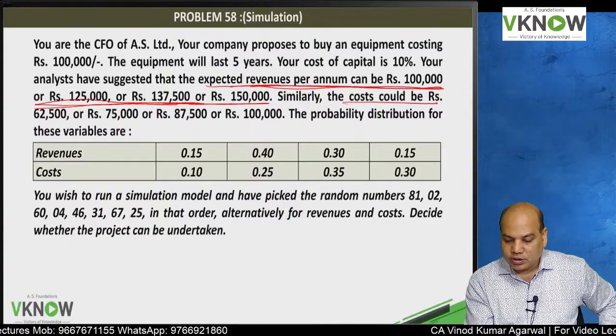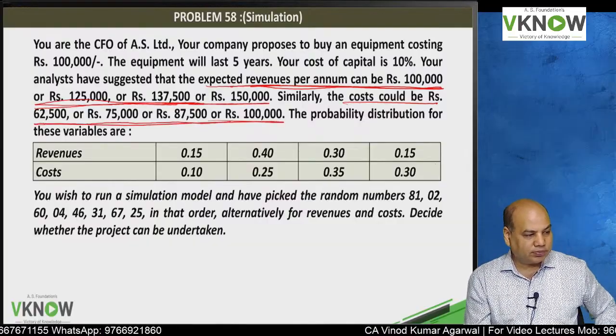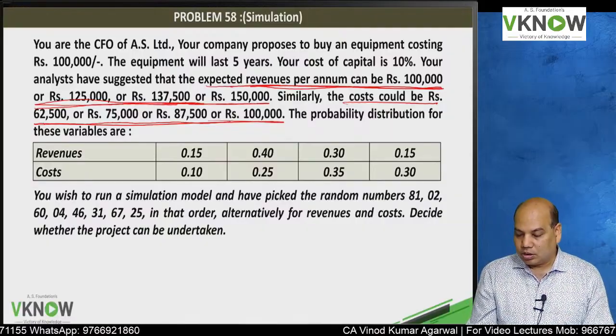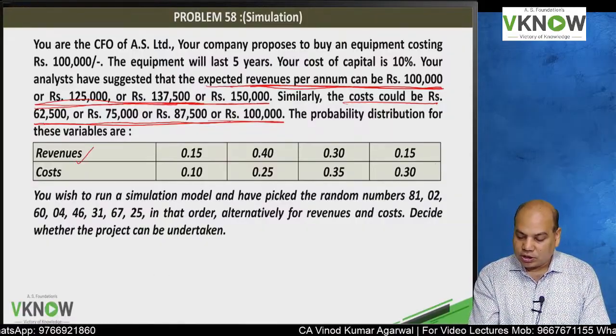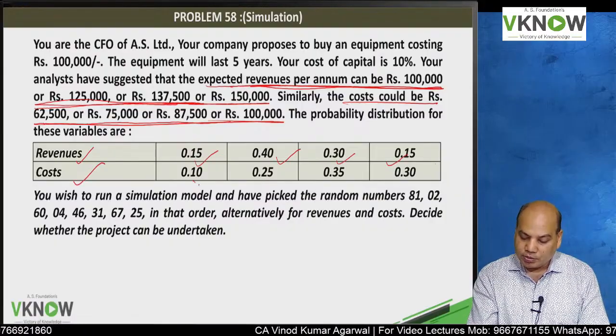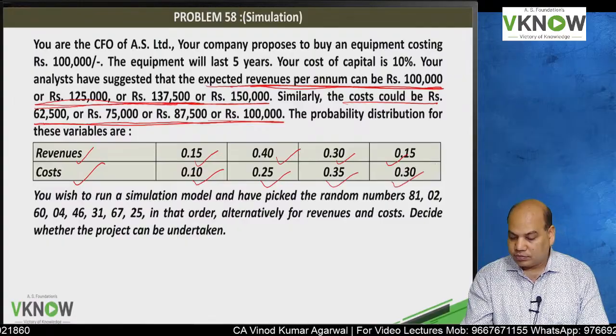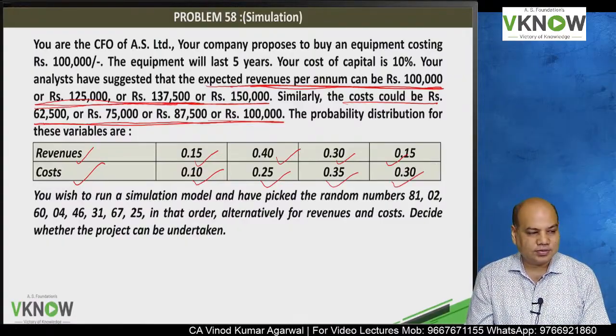So revenues can change. Similarly, cost could be 62,500, 75,000, 87,500 or 1 lakh. So cost can also change. The probability distribution of these are given below: this is the probability distribution of revenue, and this is the probability distribution of cost. It is a simple statistical technique.